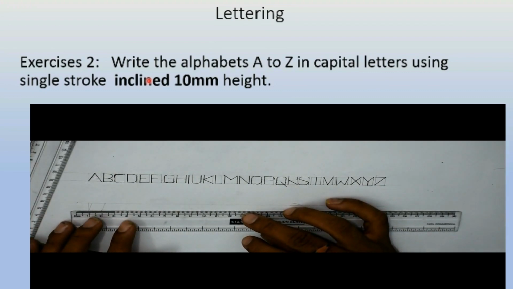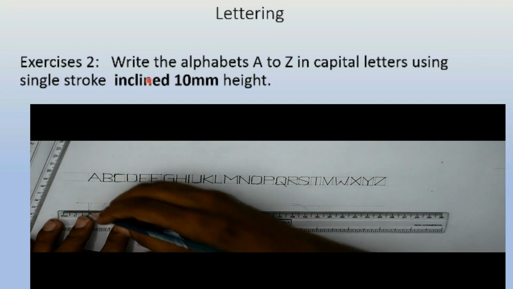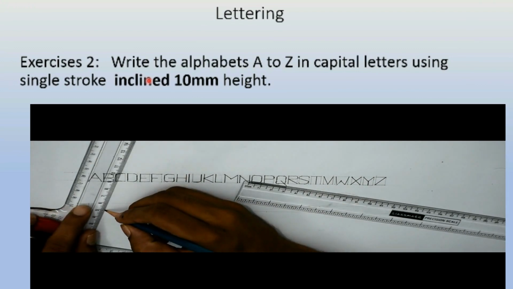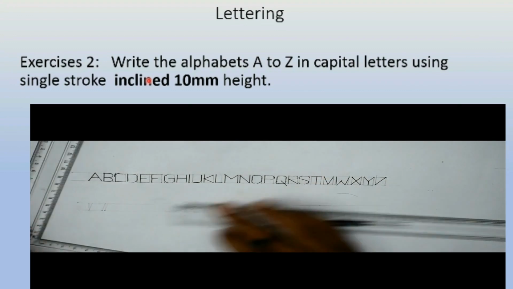And again, I am using the ruler here. The reason being, the drafter is set at an angle of 15 degrees and I am fixing that angle.